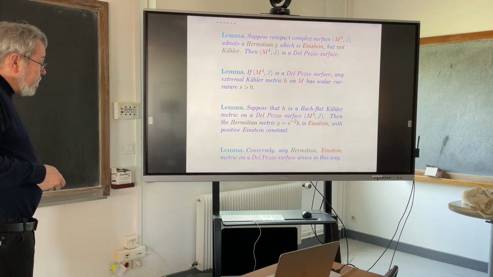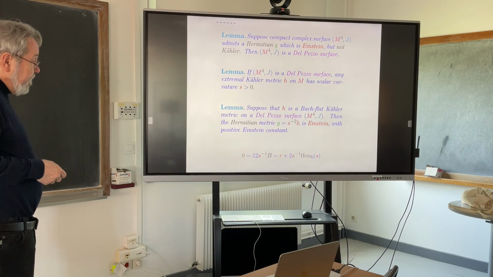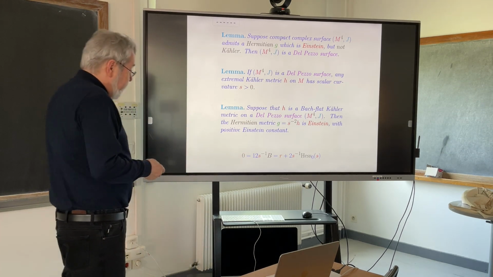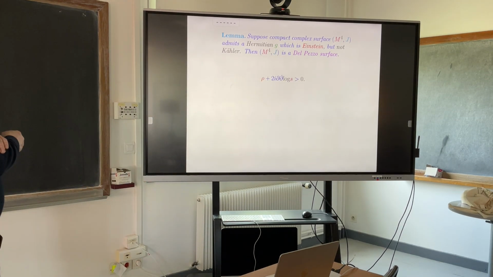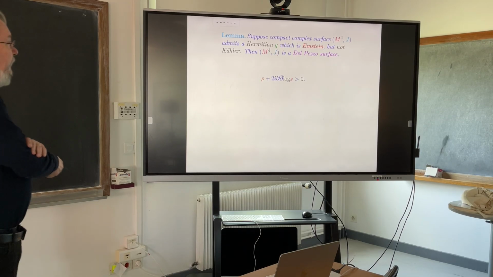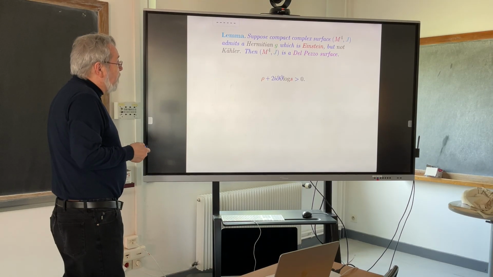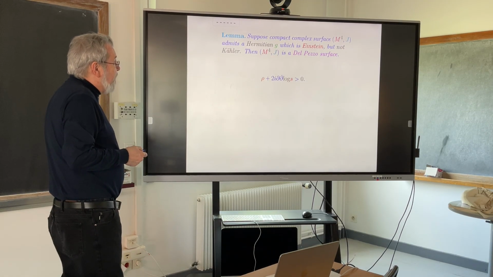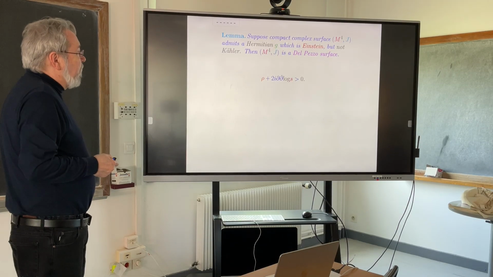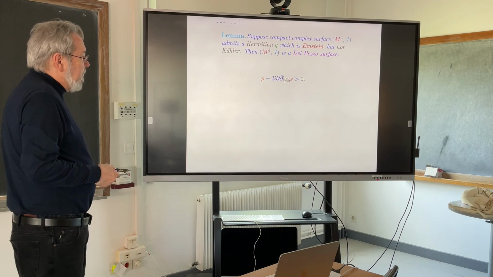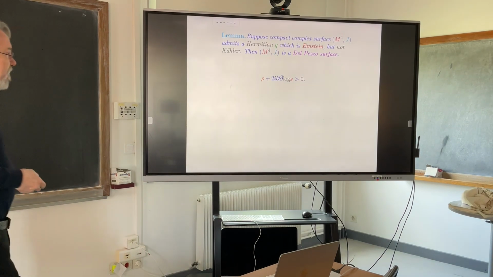So there is this very beautiful explicit formula, and this is supposed to be trace-free Ricci curvature, for the Bach tensor in this setting, and what you actually show, the place that that gives this theorem, is you can show that if you have a Hermitian metric which is not Einstein, then you're on a del Pezzo surface, and the Ricci form plus 2 i partial partial-bar log of scalar curvature is pointwise positive.